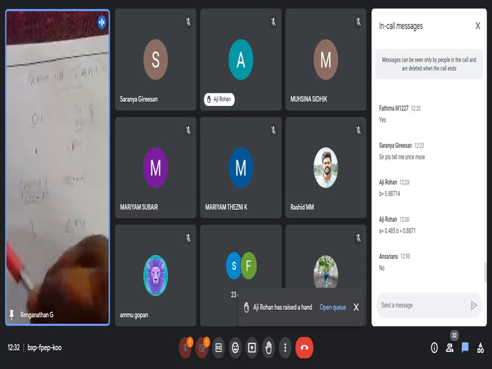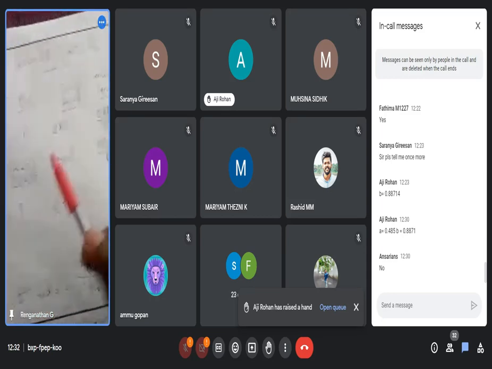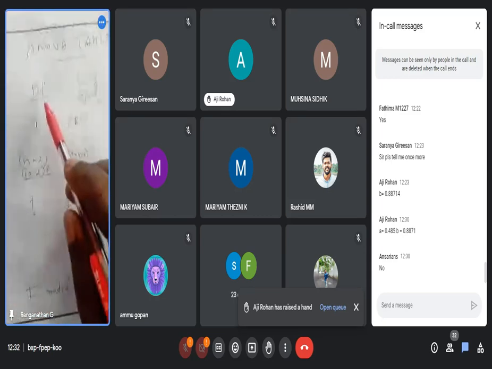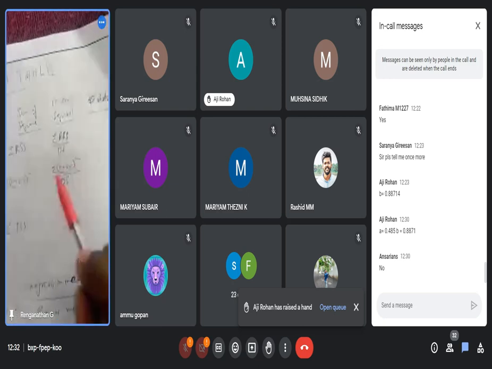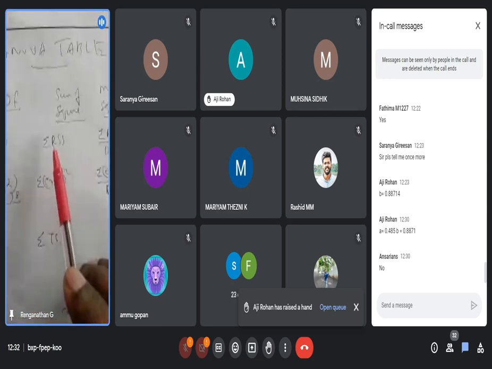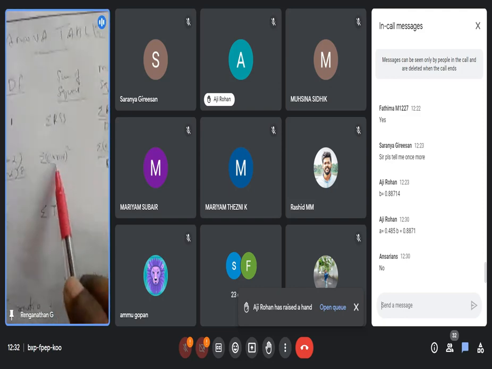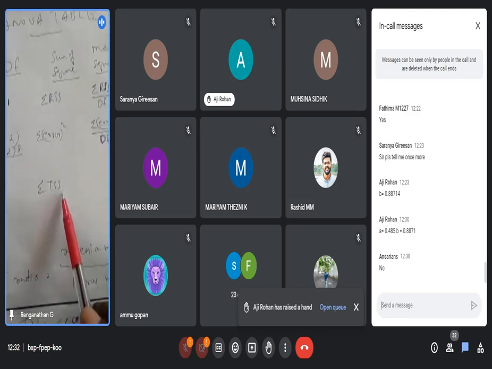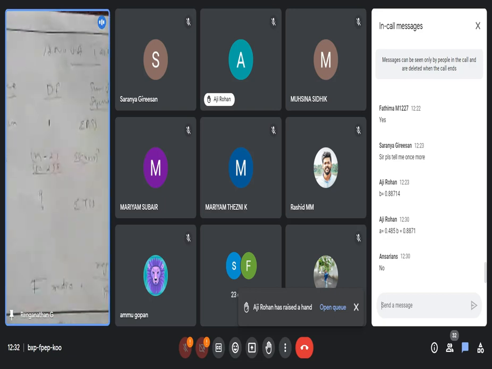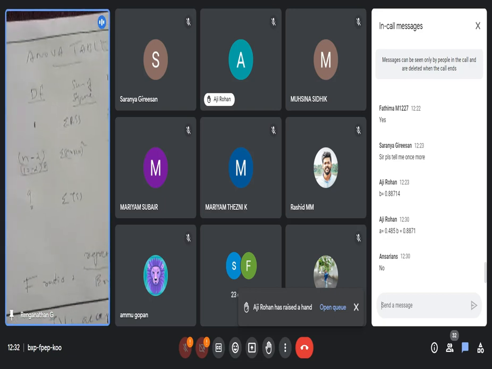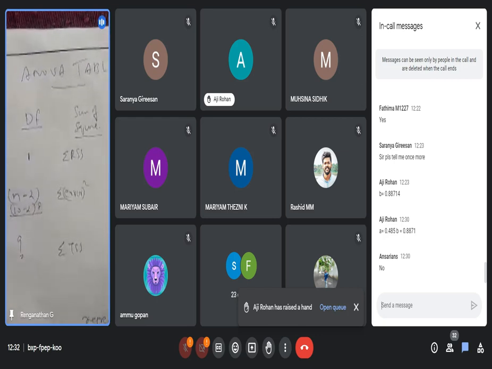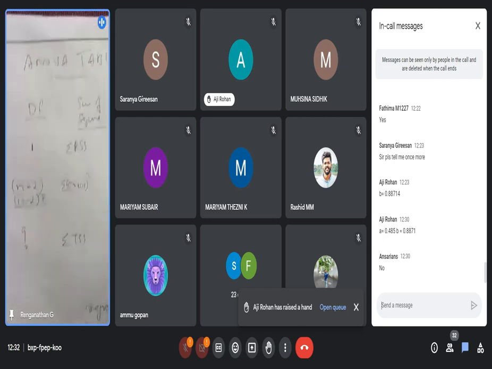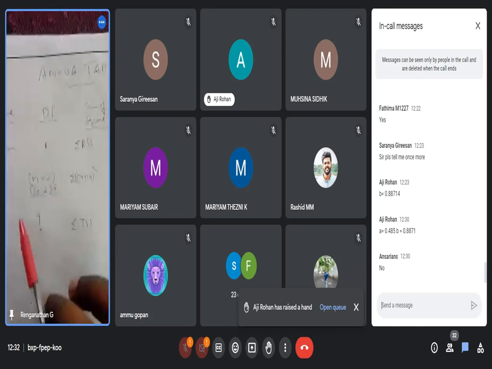Some parameters are here: source, degree of freedom, sum of square, mean square, sigma RSS, sigma error, then sigma TSS. Several parameters are there in the ANOVA table. I am just introducing you to how an ANOVA table looks.